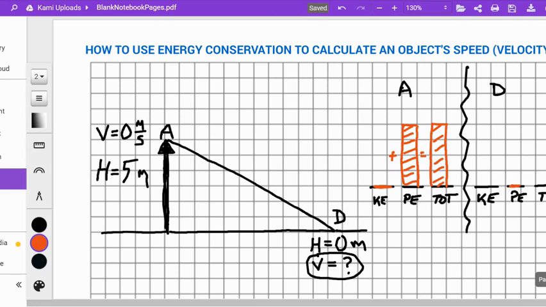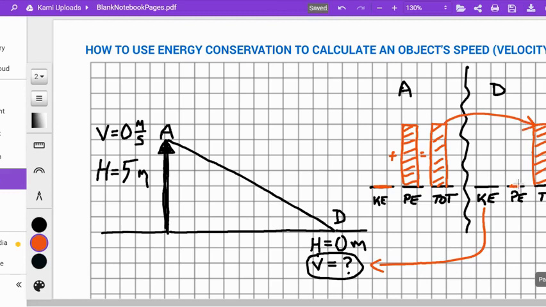And so the idea would be that at D, we want to know about the kinetic energy because that's going to help us to find the velocity at that point. And the thing that we've learned is that the total energy at D, whatever it is, had better be exactly the same as what it was when you started. So the total energy has to be the same.